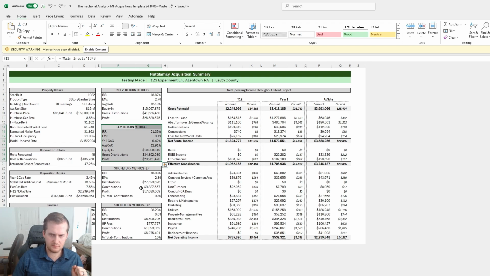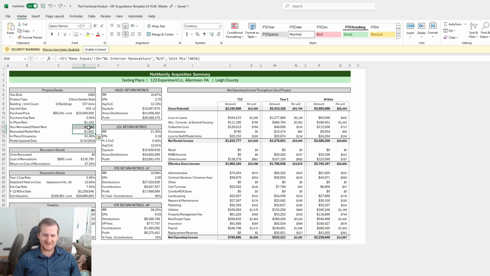So maybe let's feed into this value add idea a little bit more. So in a value add deal, like we talked about at the beginning, you probably have some loss to lease, meaning there's some room to increase rents naturally, and then you have loss to renovated lease, I guess I'll call it, meaning the amount that you could reasonably raise rents to if you renovated those units.